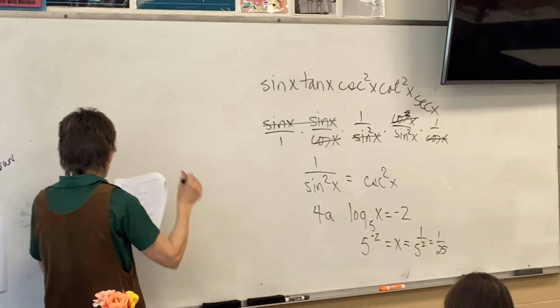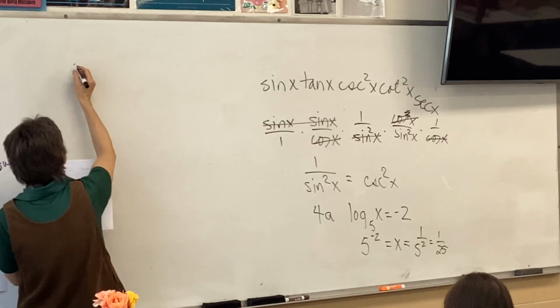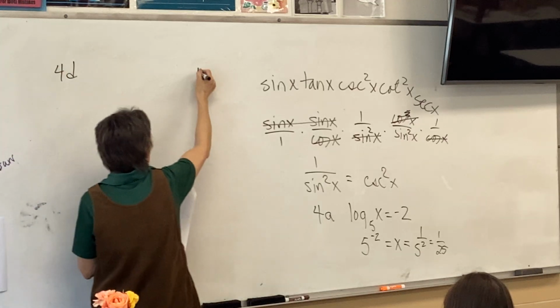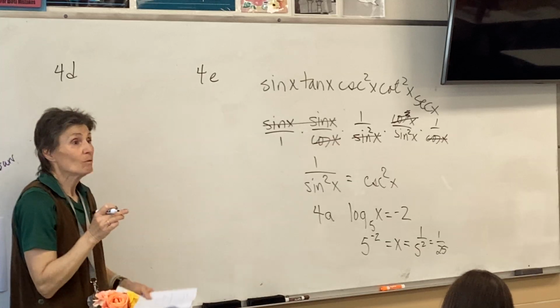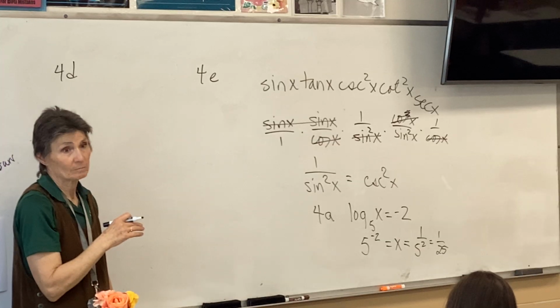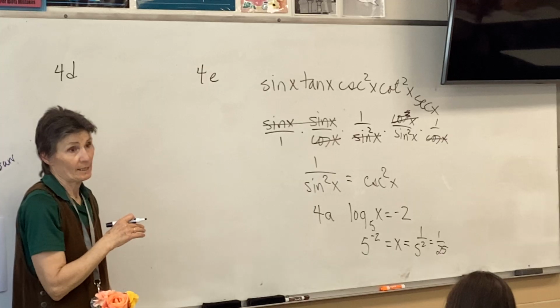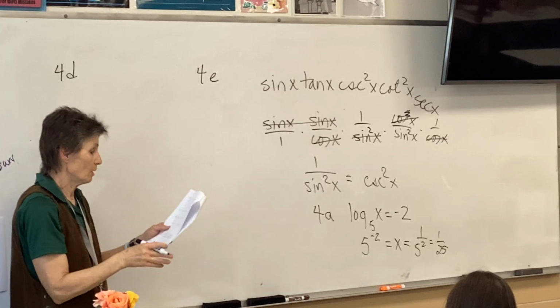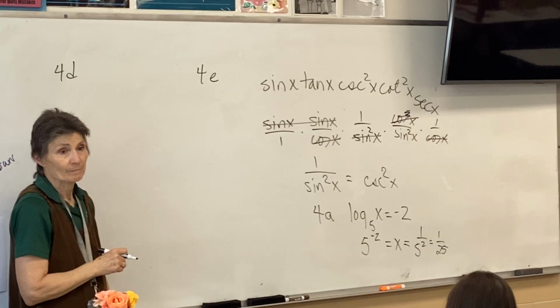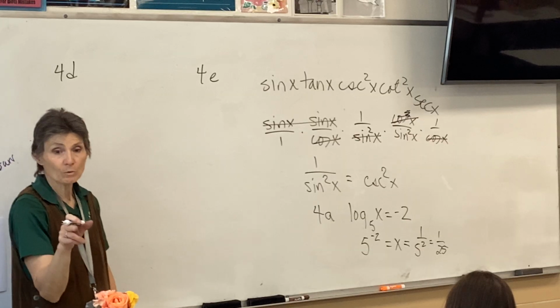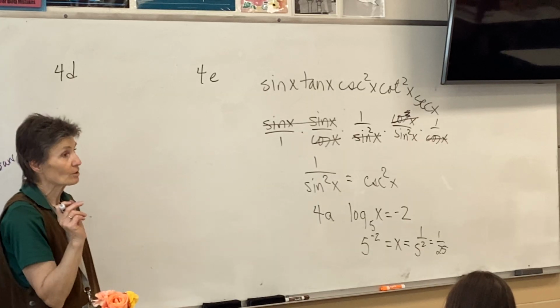Okay, now let's look at D and E. Now, D will be on the white part. No calculator. What is special about 9 and 27? They're both powers of 3.